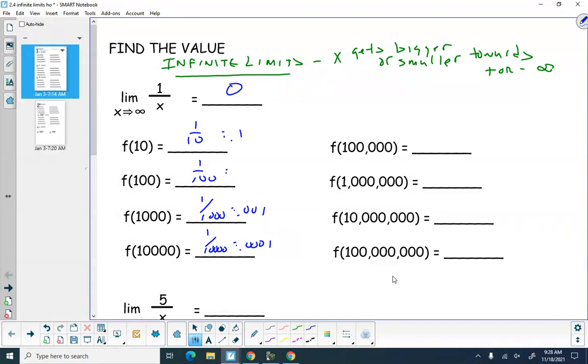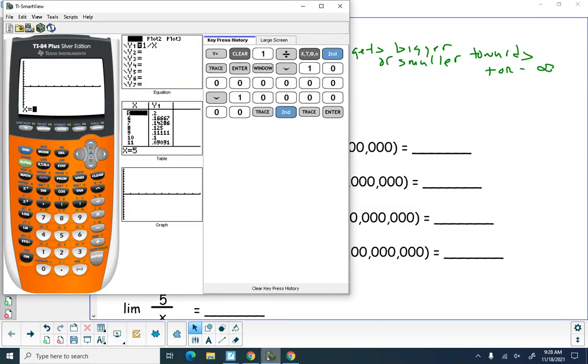Can you go back to the window? I didn't get all that set. I said the x minimum. Go to your x maximum. Go to Window. I put my x maximum at 1 million or 10 million. I have 1 and 7 zeros there.